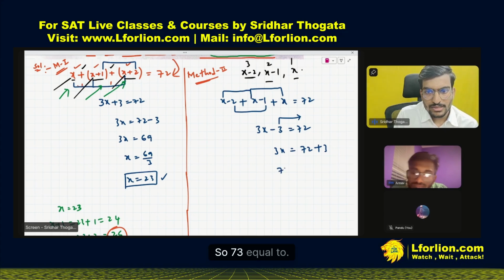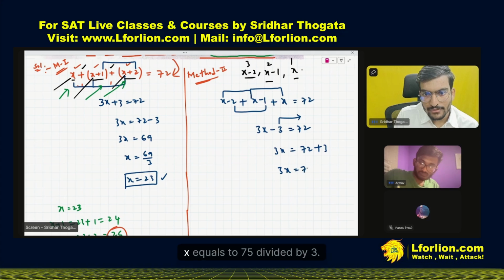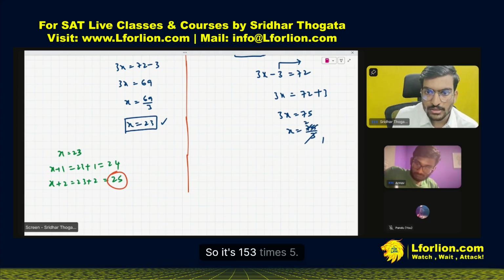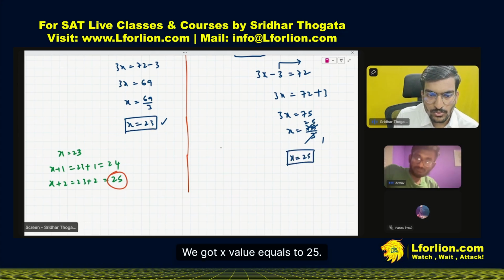So 3x equals 75. x equals 75 divided by 3, which is 25. So we got the x value equals 25.